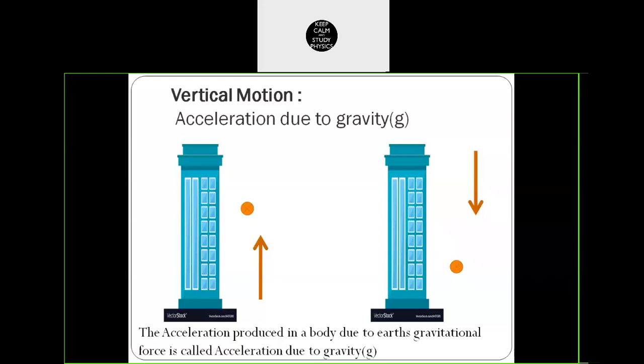When you throw a ball vertically upwards or allow it to fall freely, the acceleration created in the ball is because of the gravitational force of the earth. Because of that, we call this acceleration due to gravity. Understood, everyone?